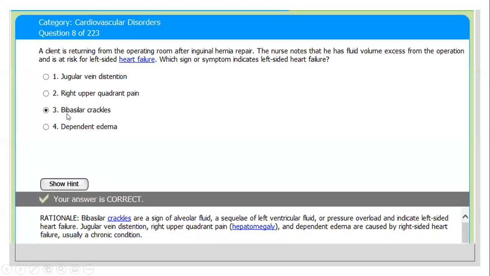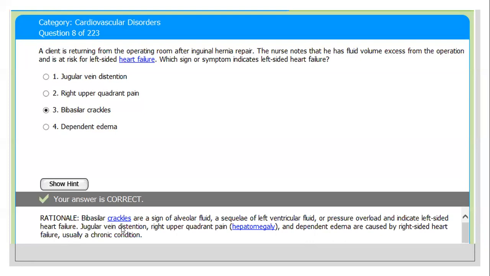The correct answer is bibasilar crackles. The rationale said the crackles are a sign of alveolar fluid, a consequence of left ventricular fluid or pressure overload, which indicates left side heart failure.